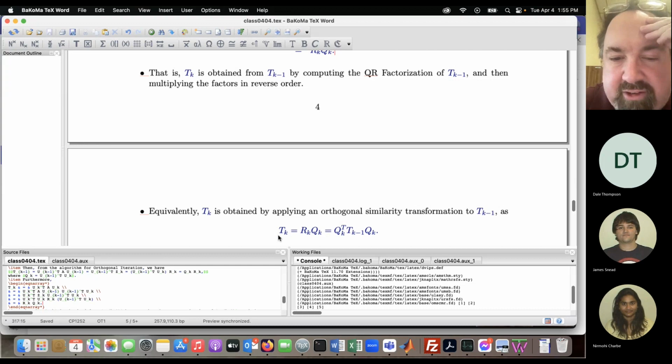So in effect, what I'm doing is I get T_k from T_{k-1} by performing an orthogonal similarity transformation, multiplying by Q_k transpose on the left, Q_k on the right. So the eigenvalues of these T's are all preserved.